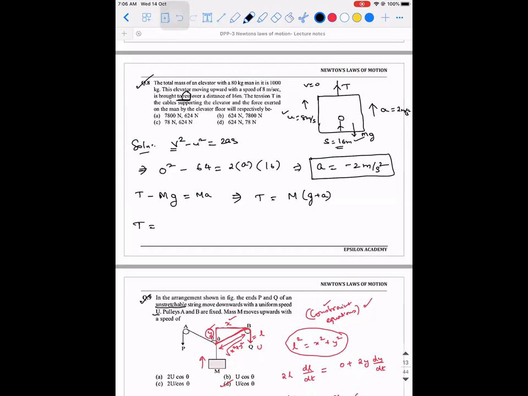What is the value of tension? Mass is 1000 kilograms, where 1000 is the mass of the elevator. g, if I take it as 10, acceleration will be minus 2. So it will be 8000 Newton.